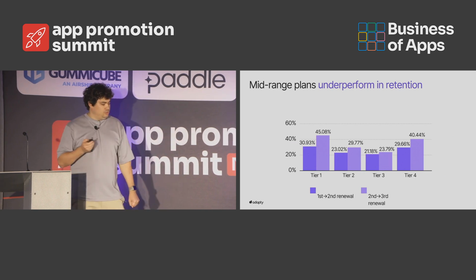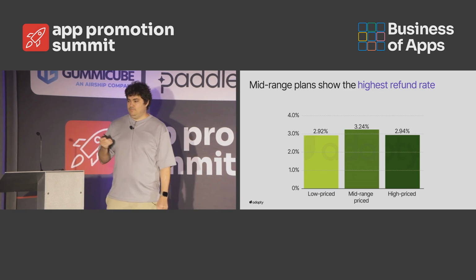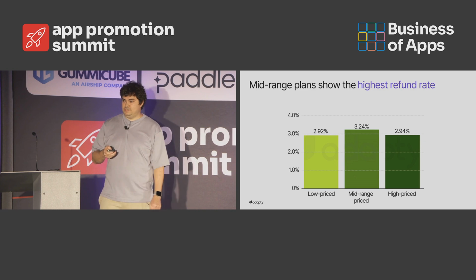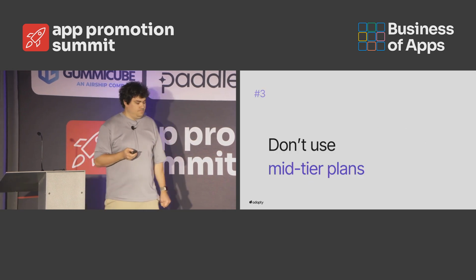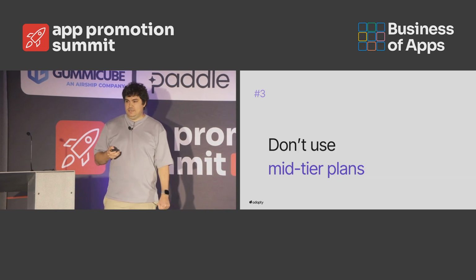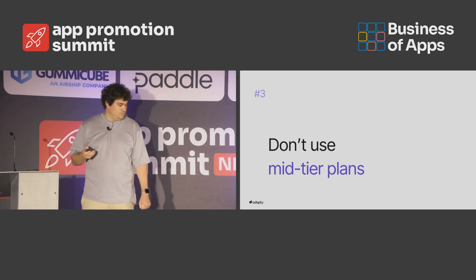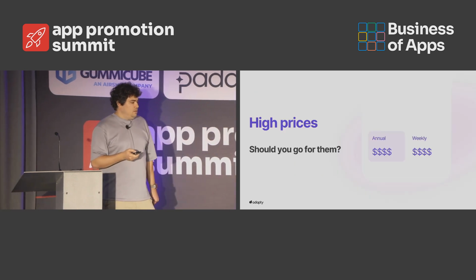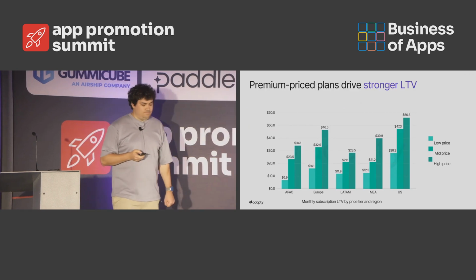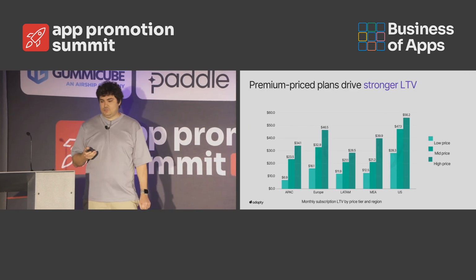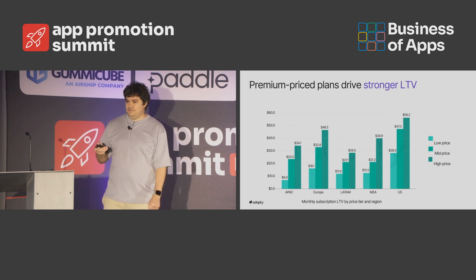On top of that, the refund rate is also higher for them compared to high or low-priced subscriptions. So do not use mid-tier plans, because they do not show improved conversions and they tank your revenue. Use high prices instead. As you can see on this chart, the higher the price of the subscription, the higher the LTV.